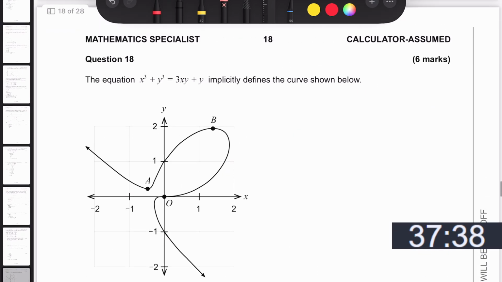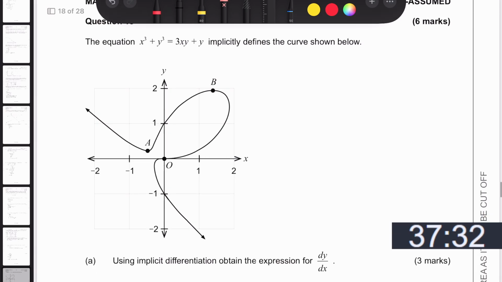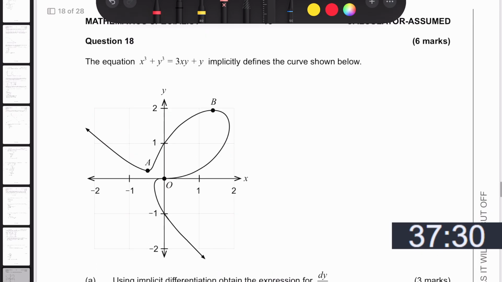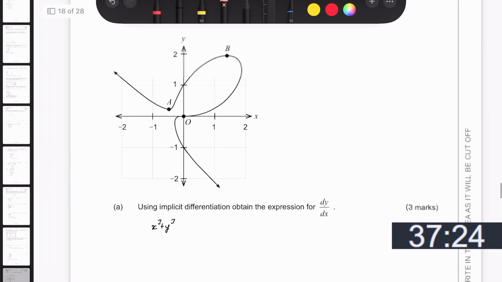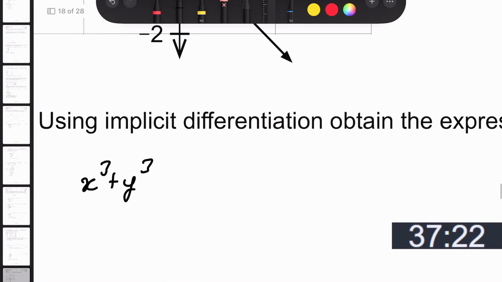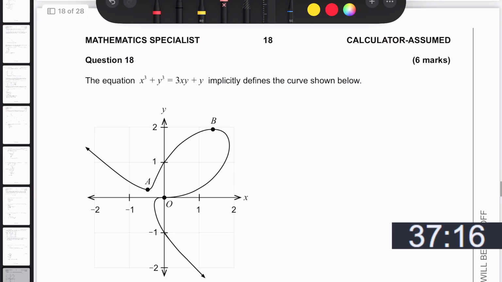Ah, there we go. The equation x³ + y³ = 3xy + y implicitly defines the curve shown below. Use implicit differentiation to obtain an expression for dy/dx. So I'm going to rewrite the expression down here: x³ + y³ = 3xy + y.